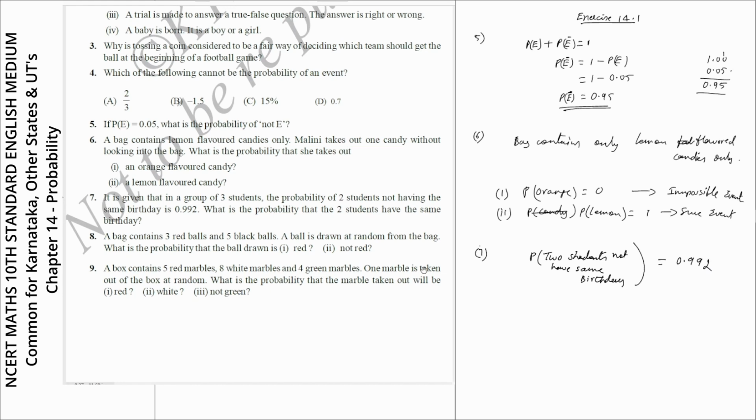Now probability of 2 students not having same birthday plus probability of 2 students having same birthday.